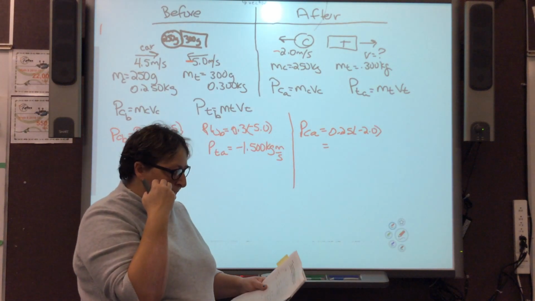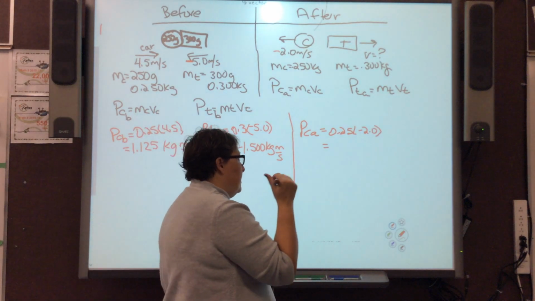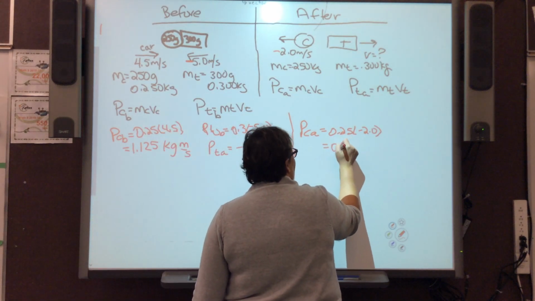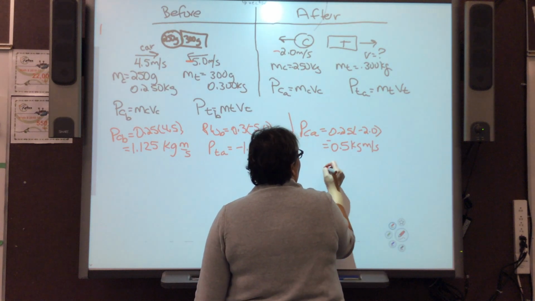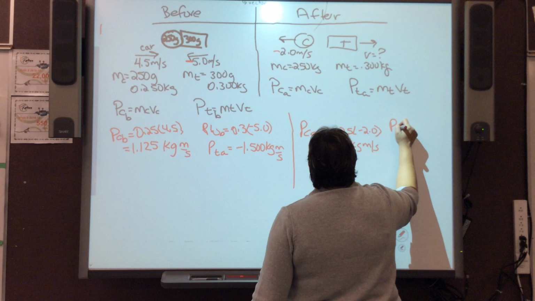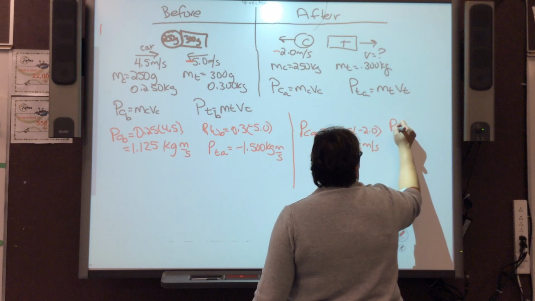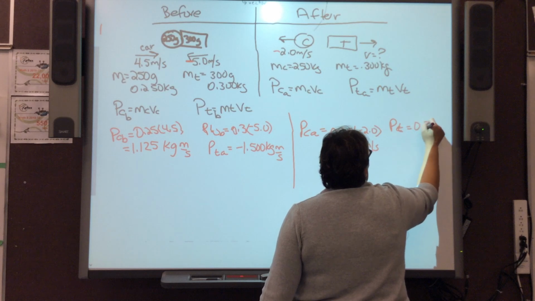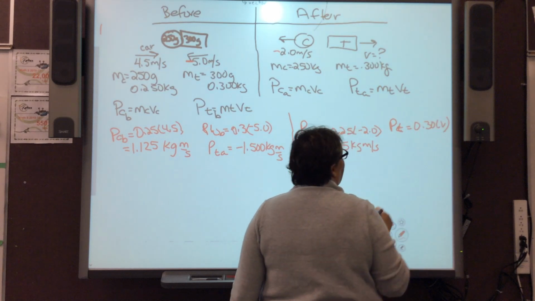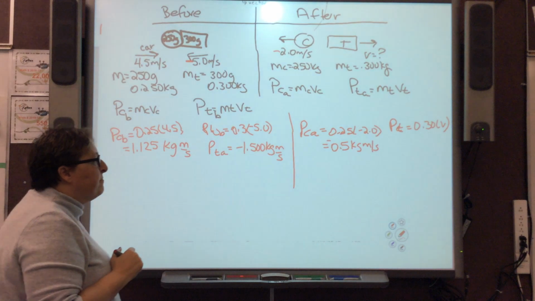What do we get? Negative 0.5. And of the truck, unknown. In the opposite direction, not so much unknown. We can get that far, right?